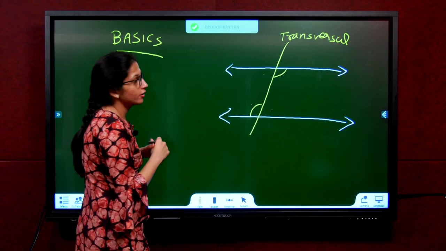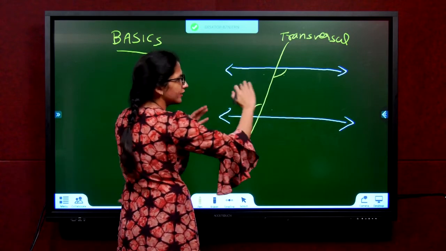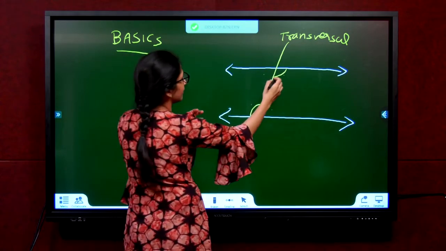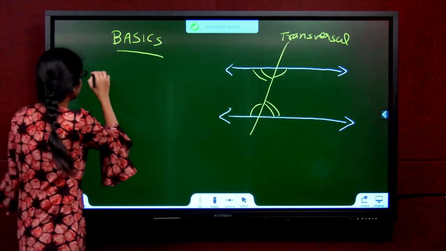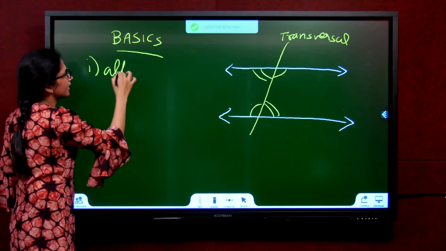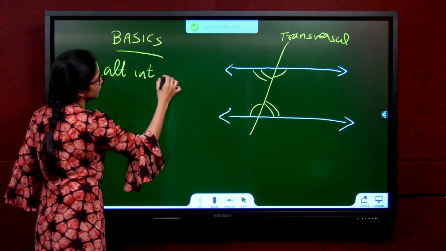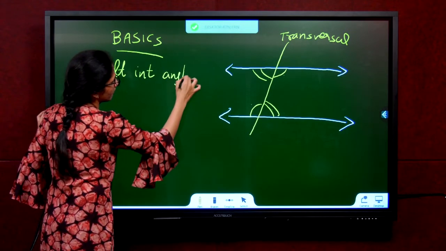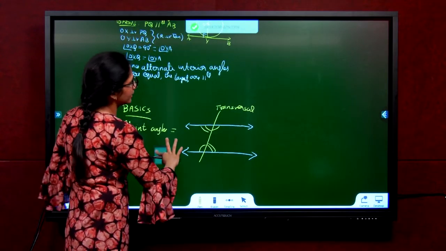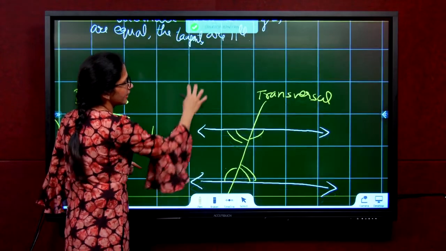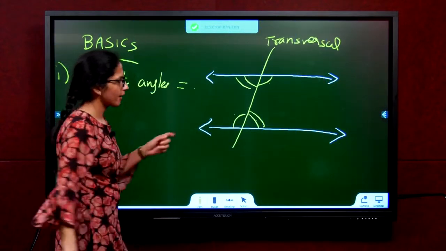What is it called? Alternate interior angles. Alternate means one this side, and the interior. This angle will be equal to this angle. So first point, alternate interior angles are equal. So for parallel lines, alternate interior angles are equal.